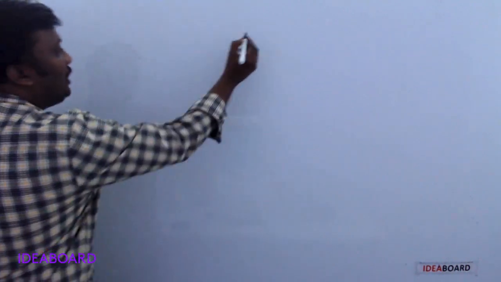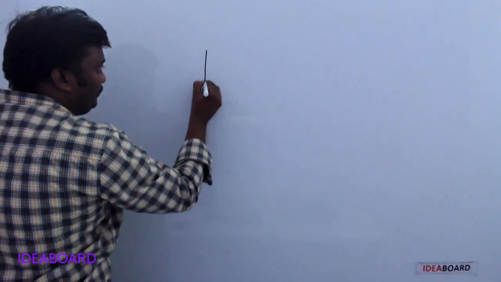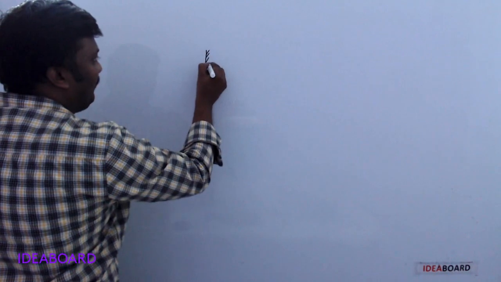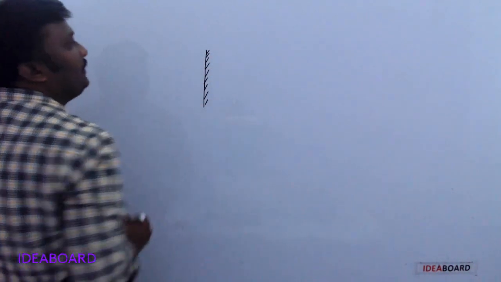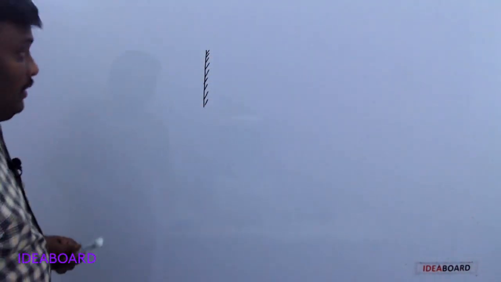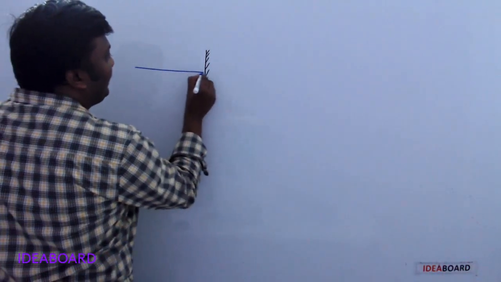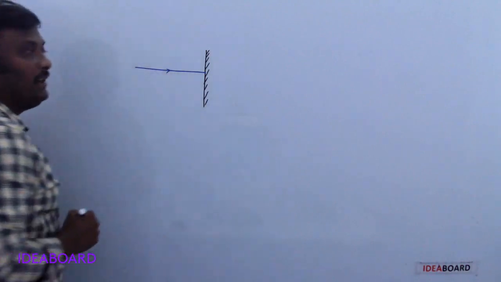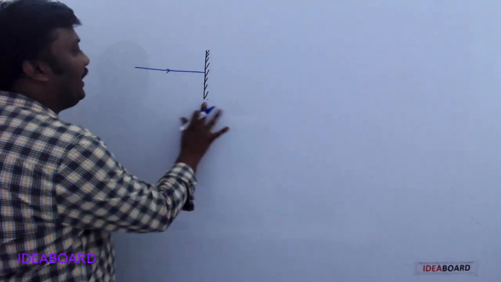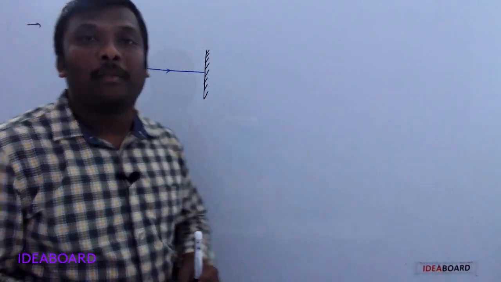Now, in case of reflection, you should remember some important points. See, the first one is, I am considering this as one reflecting surface, when a ray of light is incident normally. I considered one ray of light which is incident normally.